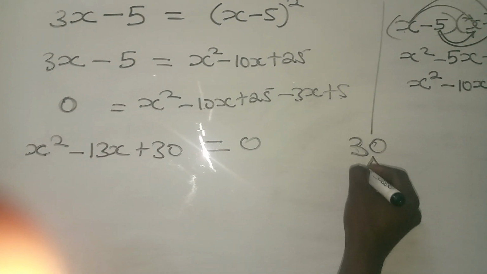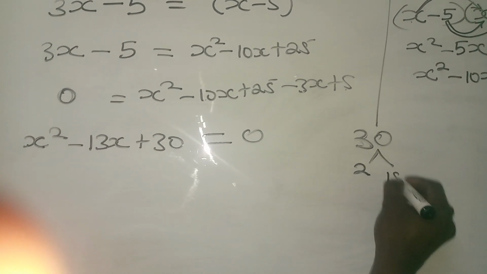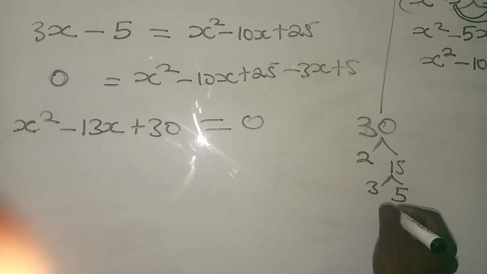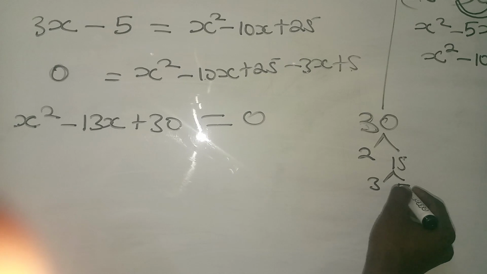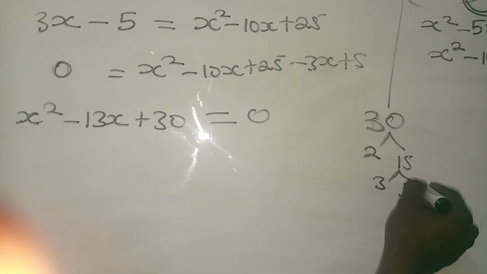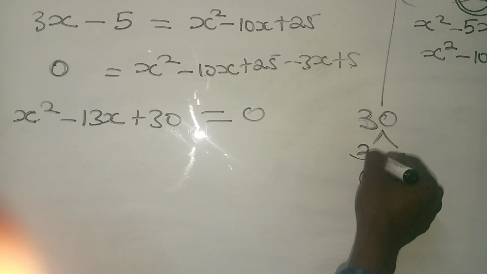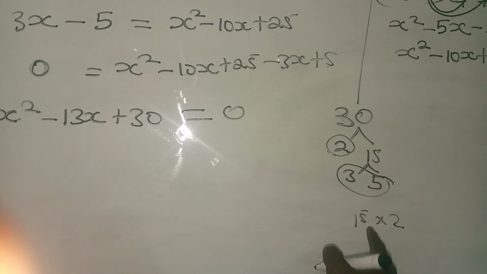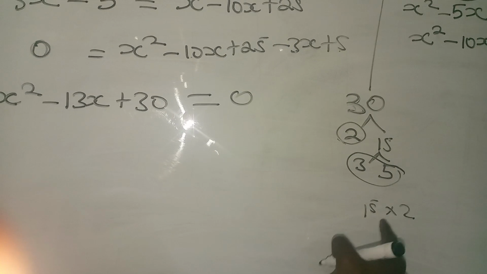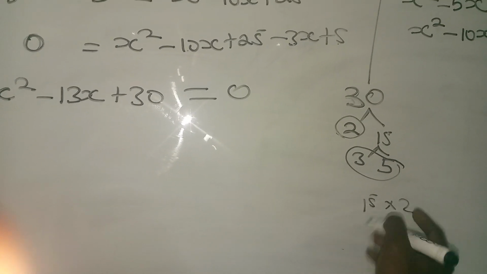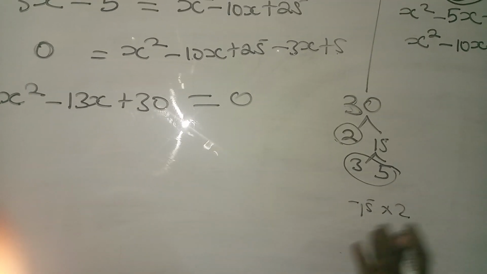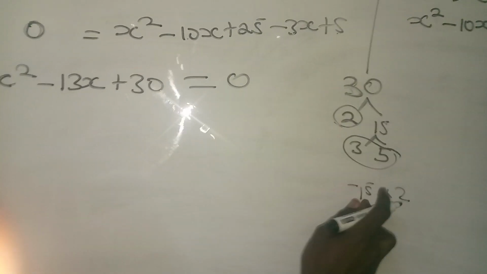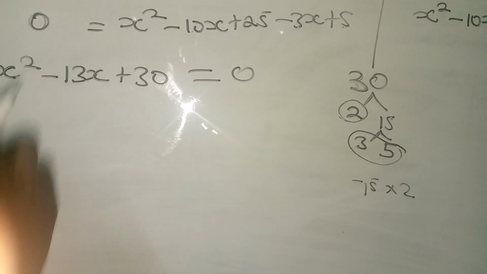By 2 this is 15, by 3 this is 10. If we have 15 and 2, when you multiply them you get 30. But if one is negative, negative 15 times 2 gives negative 30, so it won't work for us.